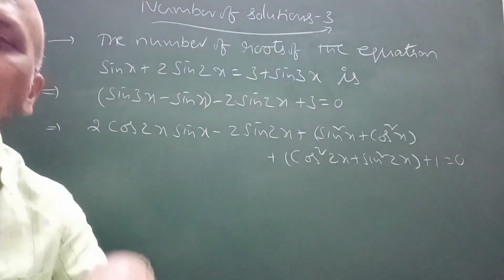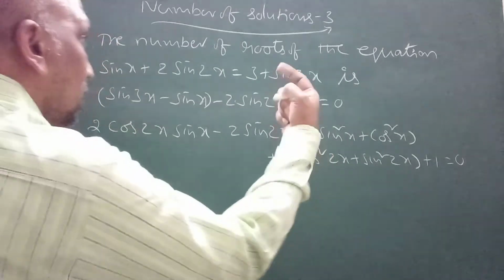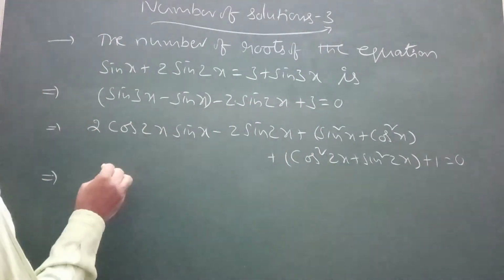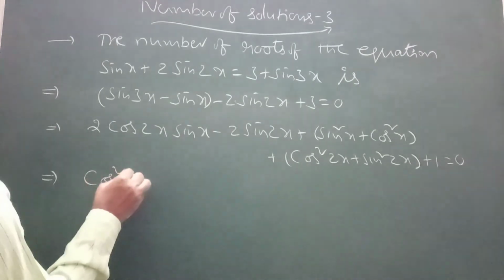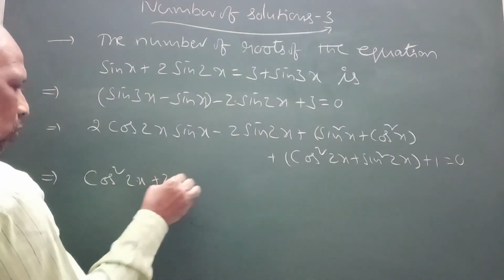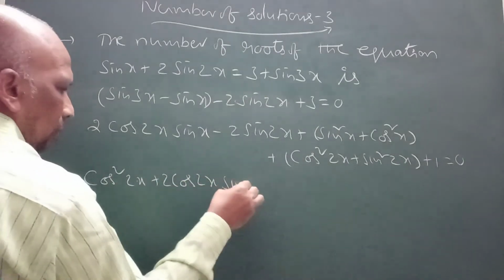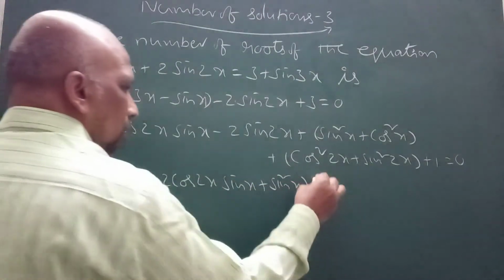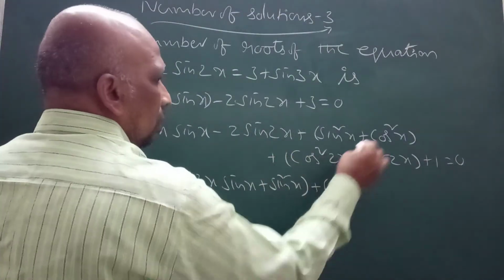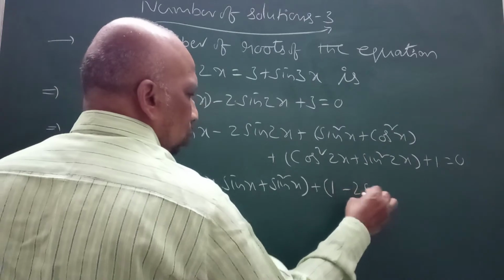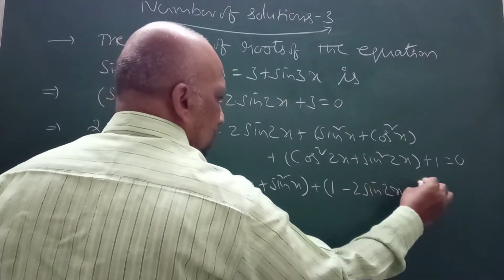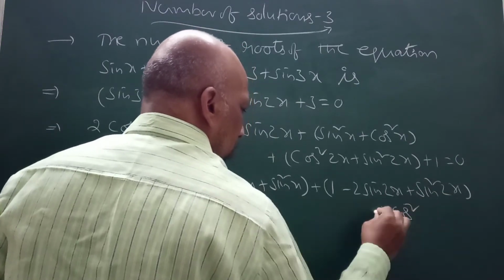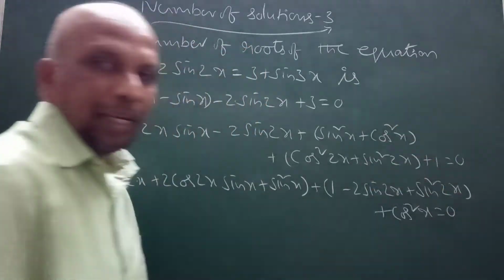Now the important point is to rearrange the terms: cos square 2x plus 2 cos 2x sin x plus sin square x, plus 1 minus 2 sin 2x plus sin square 2x, plus cos square x equal to 0. That way I can rearrange the terms.